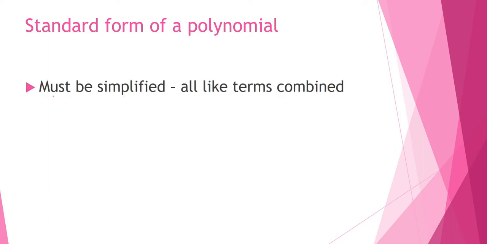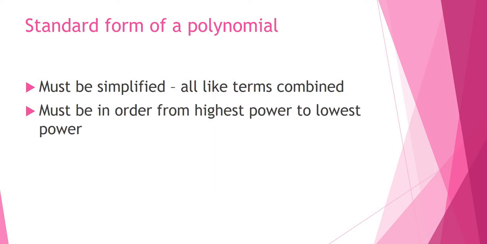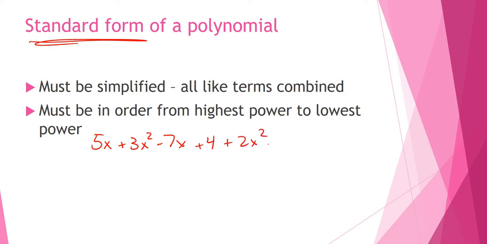All right, the last thing we're going to do on the video, and then we'll do more in class, I promise. Standard form must be simplified with all like terms combined and must be in order from highest power to lowest power. So if I give you 5x plus 3x squared, let's put a minus in there, minus 7x plus 4 plus 2x squared. The first thing I have to do is group like terms.